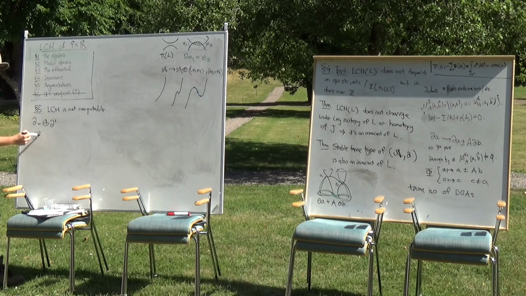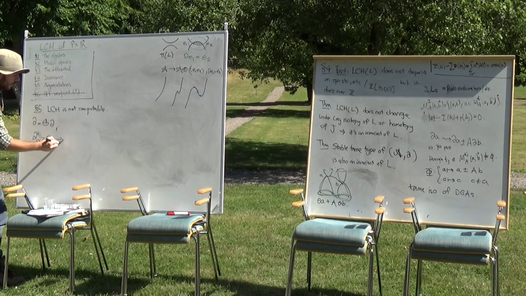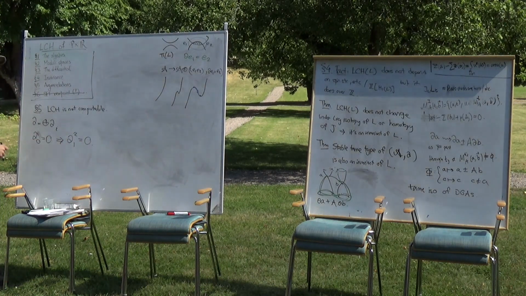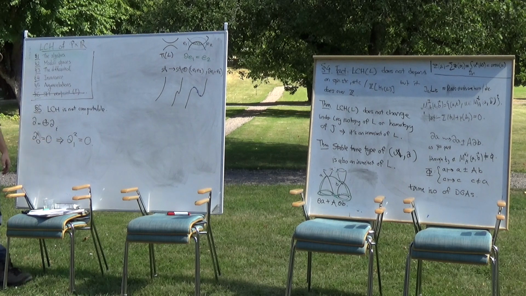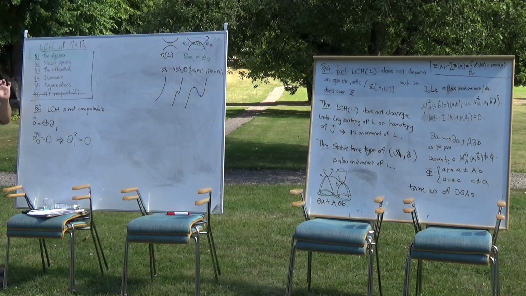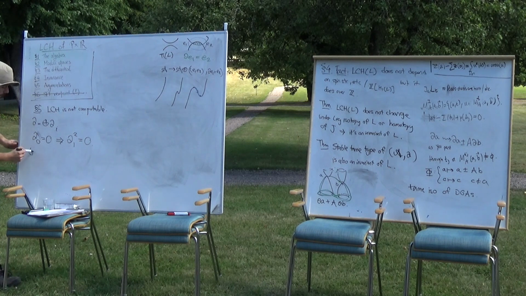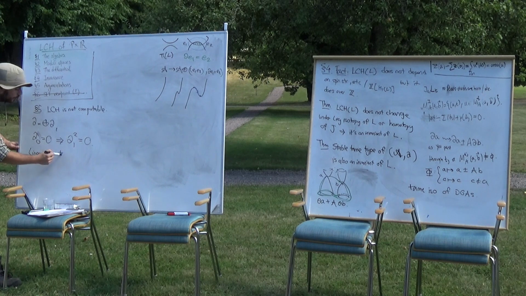And so if the zero part of the differential is zero, then d1 squared is 0. And so you can use this linear differential, which sends words of length 1 to words of length 1, to define the linearized contact homology. And now this is something that is definable, and that is computable.